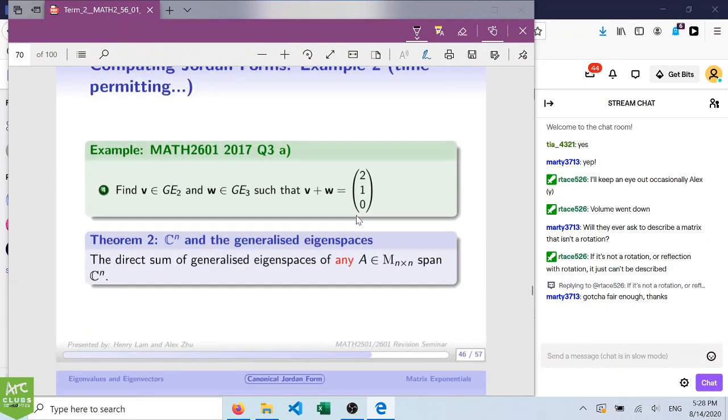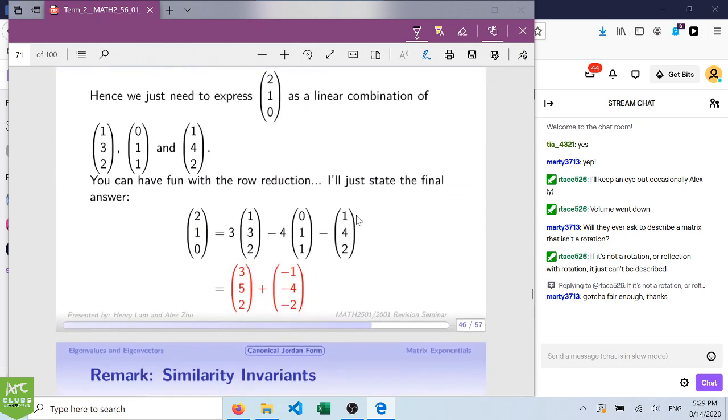So this is just a linear independence row reduction question, nothing more fancy than that. If you solve for this matrix equated to this, and solve for the corresponding values, you get 3, minus 4, minus 1. Then you just add the two vectors that are in the same generalized eigenspace, and you get the answer.